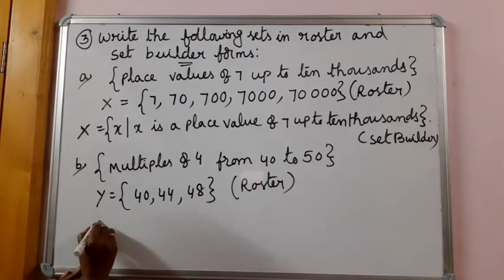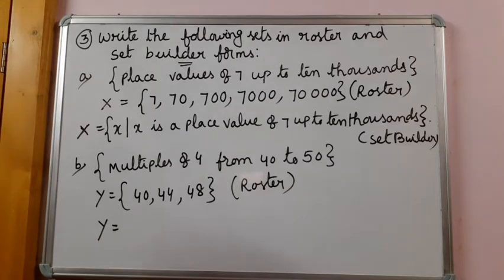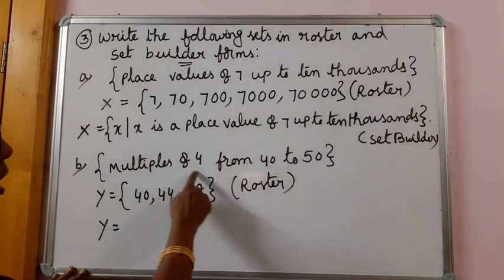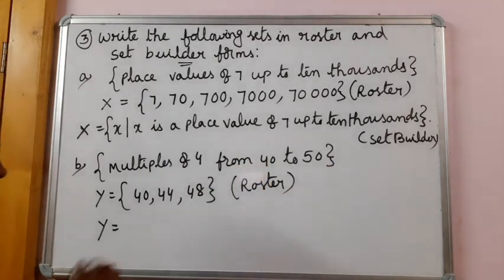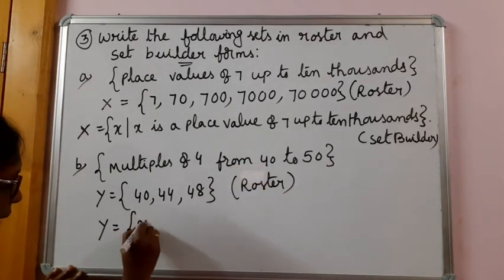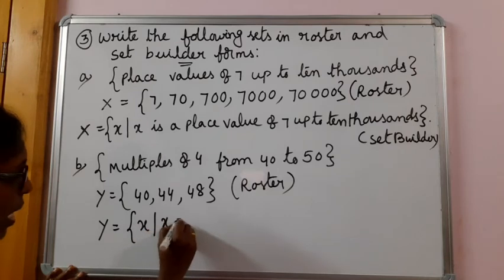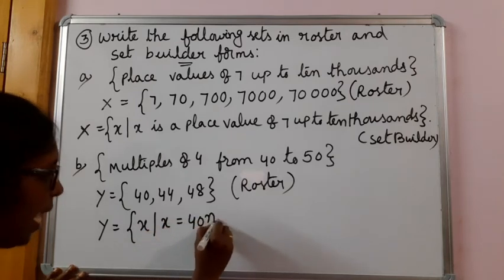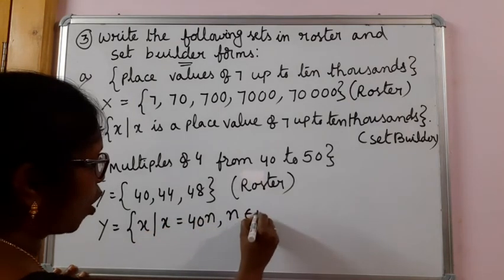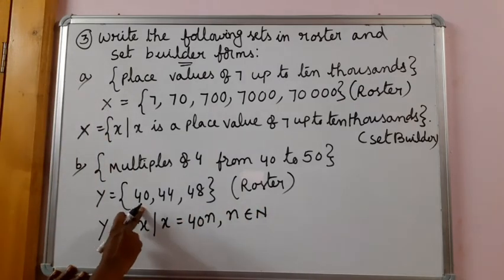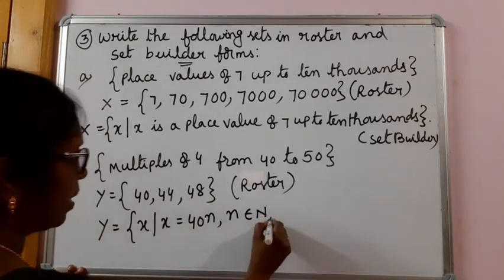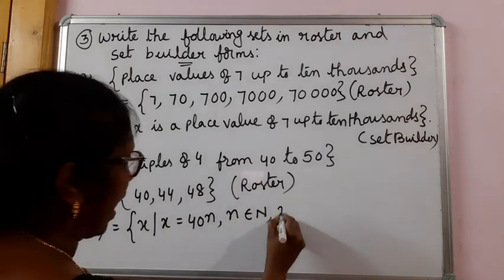And let us work out for the set builder form. So, set builder form, we can write x such that x is a multiple of 4 from 40 to 50. Or other way also we can write x such that x is equal to 4n, where n belongs to natural numbers, and we can write x.